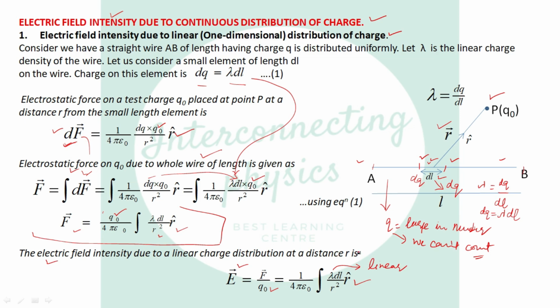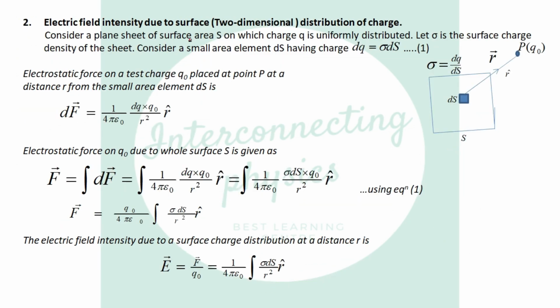Okay. Now number 2, the electric field intensity due to surface distribution of charge. For this, let us consider a two-dimensional surface, and let us consider a point P at which test charge Q0 is present. Now the charge has been continuously distributed over this surface. Since it is continuously distributed, we cannot count the charge.